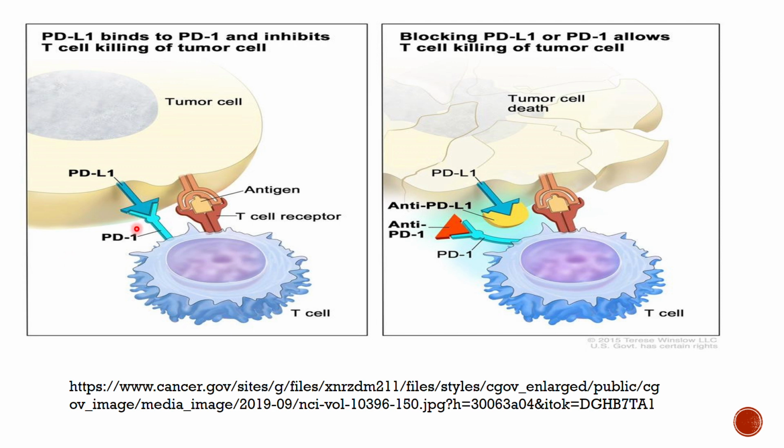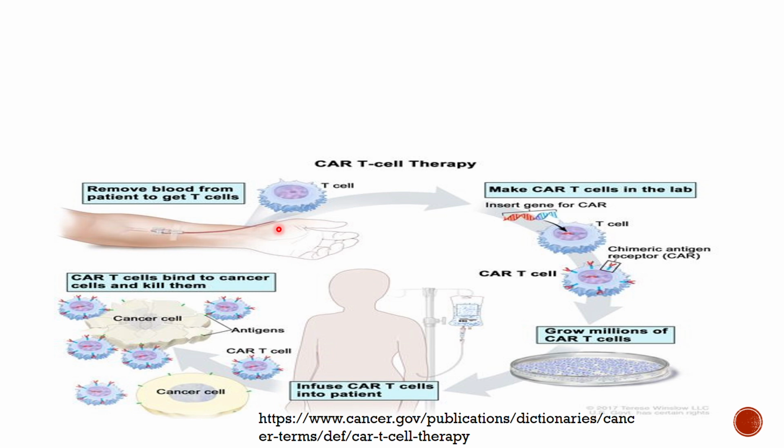After it blocks this chain, the body realizes there are foreign cells, and T cells can be ready to attack those tumor cells. Here we can also use chimeric antigen receptor T cell therapy.